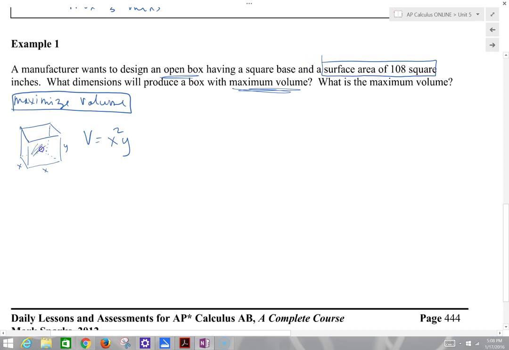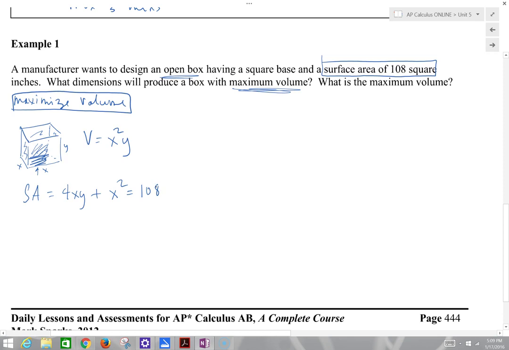Each one of these faces is xy, and there are 4: 1, 2, and that one over there, 3, 4. So the surface area is equal to 4xy, and then we have to count the bottom, which is a square, x squared. So this is how we relate the two together, and that is equal to 108.